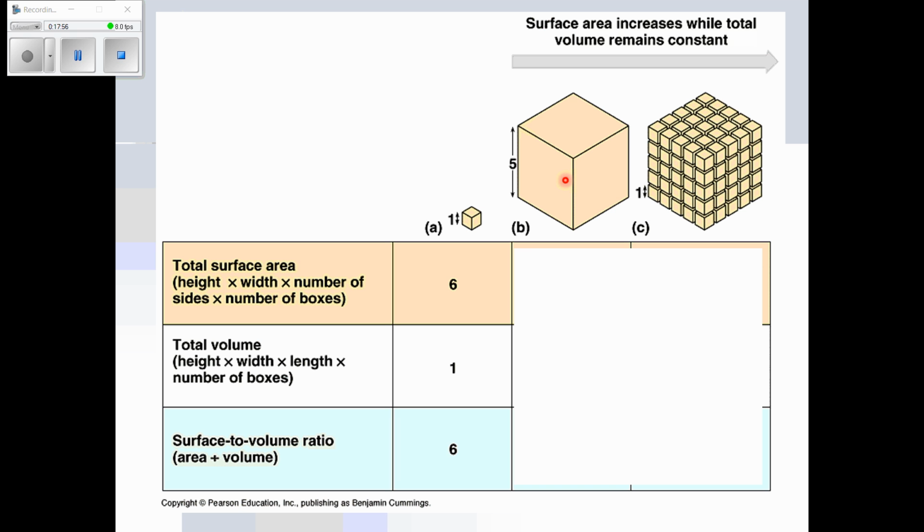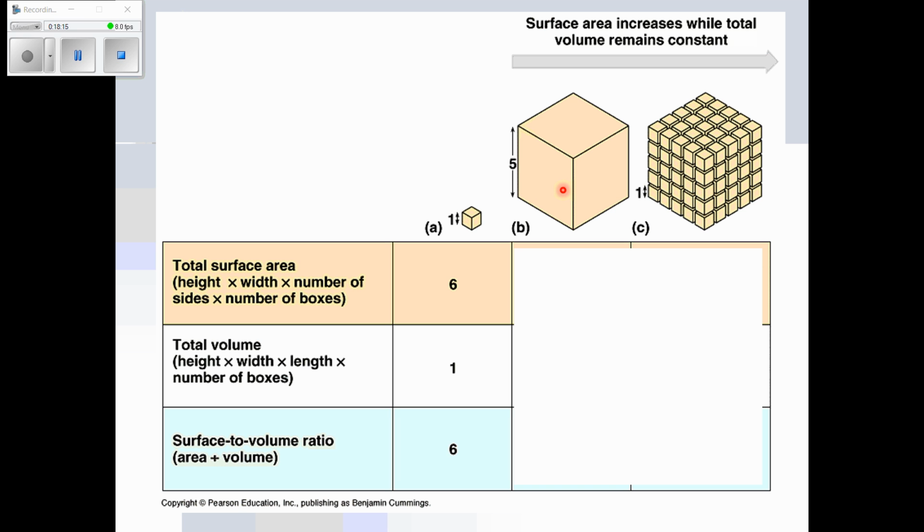Notice it has lengths of 5 on each side instead of just 1, so it's 5 times larger. Now my question to you is, obviously this cell is going to have a bigger surface area, and it's also going to have a bigger volume.